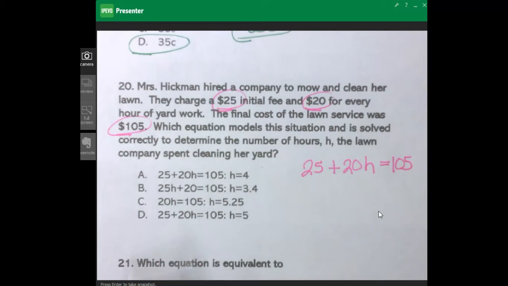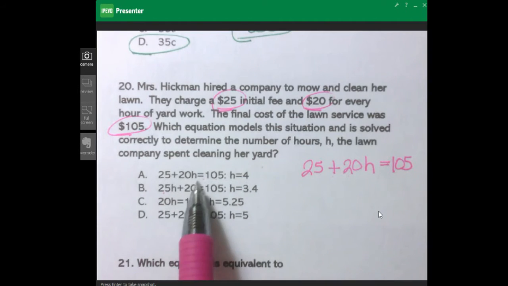So now what we want to see is which one of these is the correct expression with the correct answer. So let's see if maybe we could mark any of these out. We know we have 25 plus 20H. All right, well, 25 plus 20H is equal to 105. That is correct. 25H plus 20 is equal to 105. That actually is the same. We've just switched the numbers.